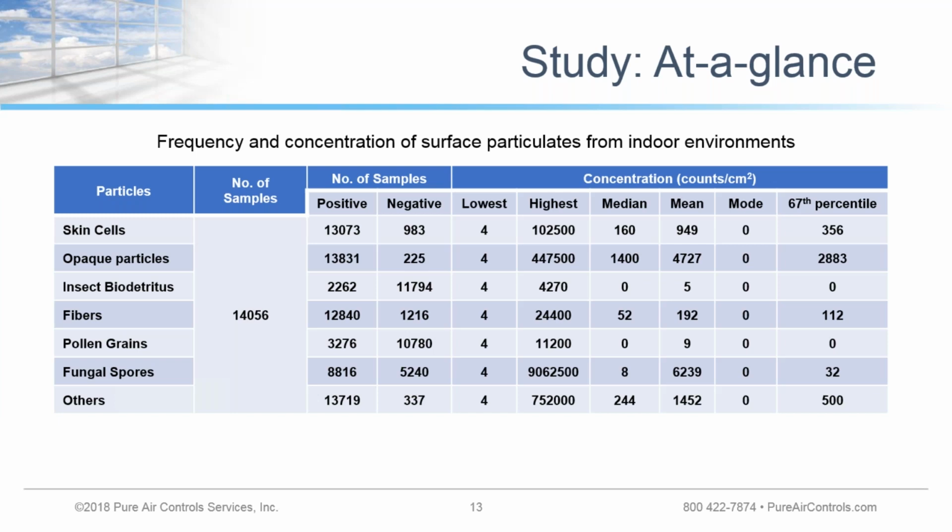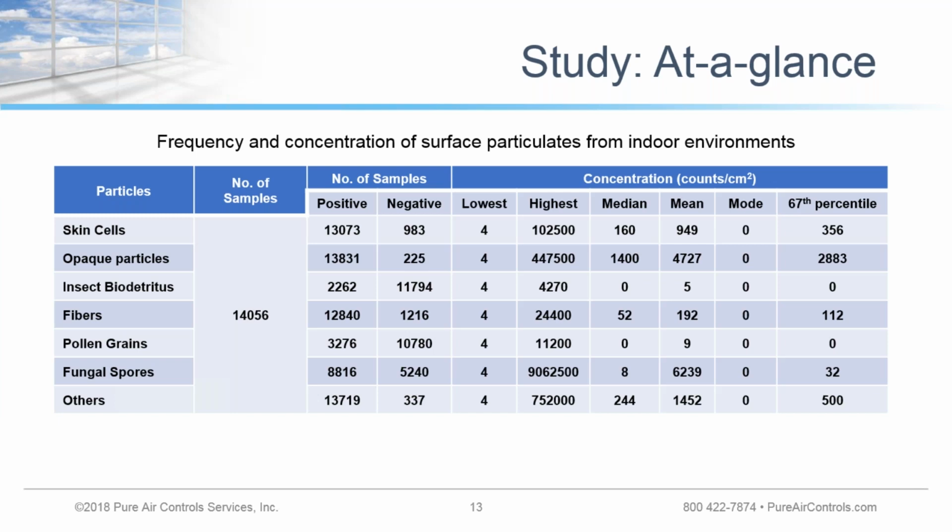Then insect biodetritus is the other category where we have recorded about 2,200 samples positive, and a mean concentration of 5. So this is not very active or very dominant, but I wanted to give a real quick at-a-glance view.